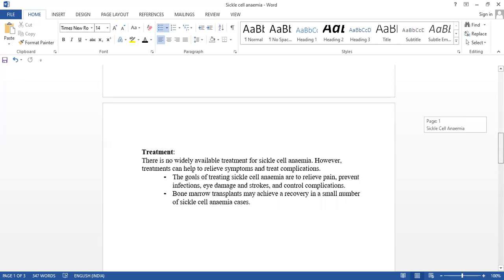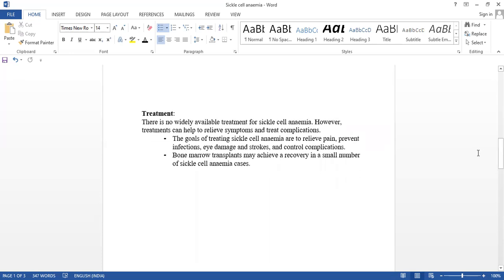Now we will see the treatment. How we have to treat the sickle cell anemia? Actually, there is no any treatment for the sickle cell anemia. Okay. However, treatments can help only. What type of treatment here we have to give?